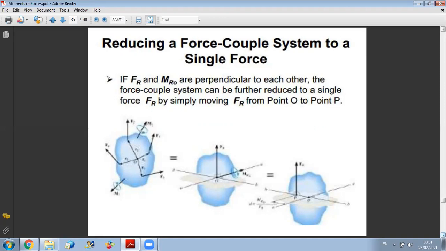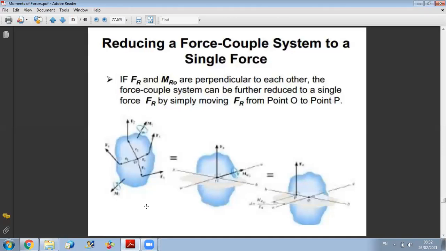If we want to just have a single force acting on our system, we should try to find the location of application of the force in a way to not need a couple with it. What do I mean by this? Let us take an example. You have this body. This body is subjected to several forces and several couples.